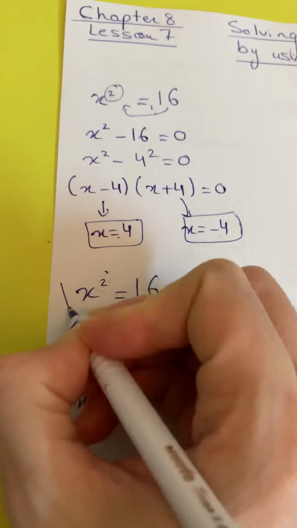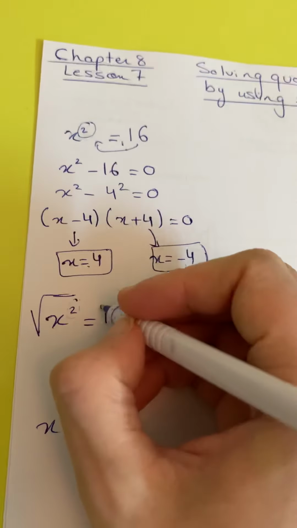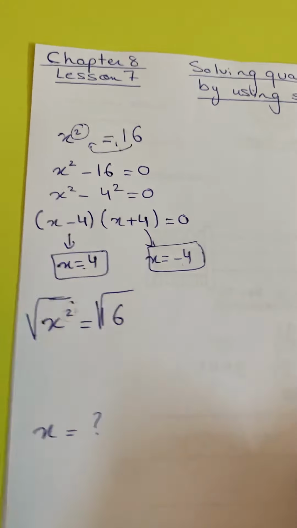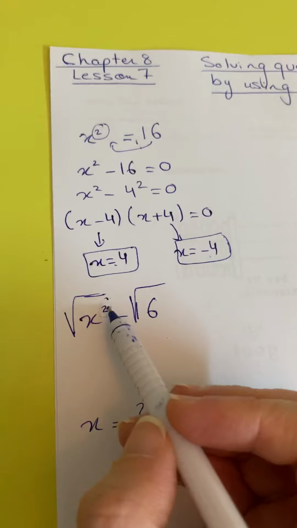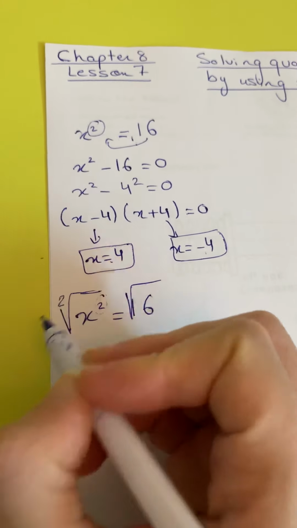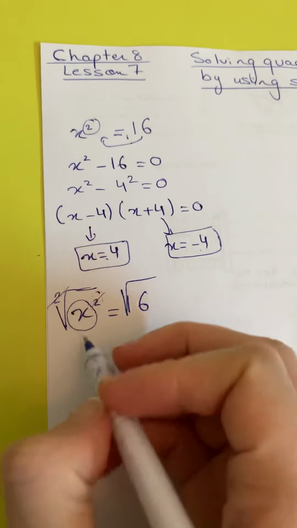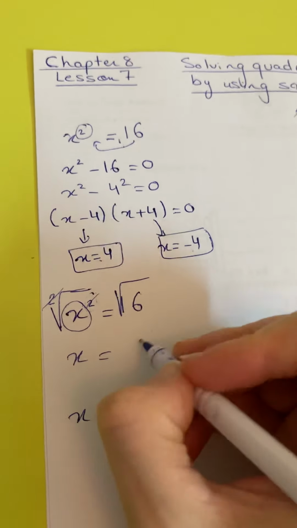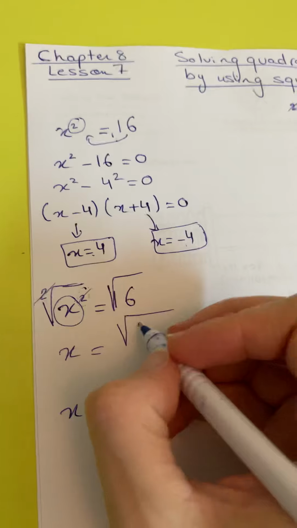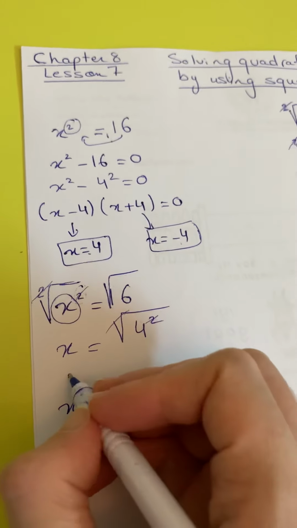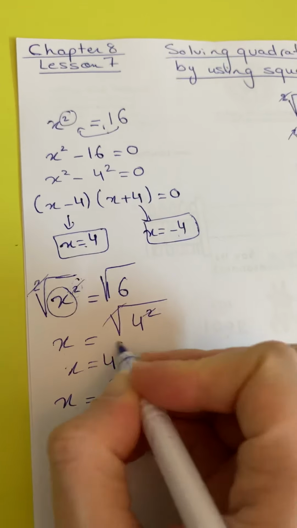So you would put the square root over here and the square root sign over here. Whatever you do on this side, you should do on the other side. Now here I have power 2, and as we said, we imagine there is a power 2 here. They cancel each other, and you only have x. Here, 16 is 4 power 2. So you will cancel both, and x will be equal to 4.